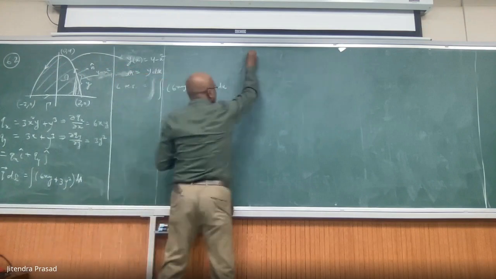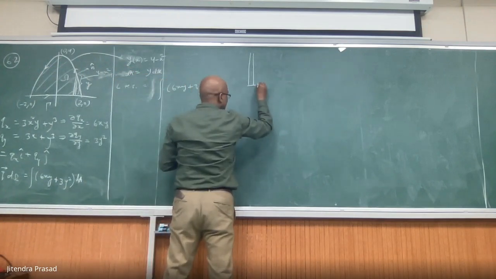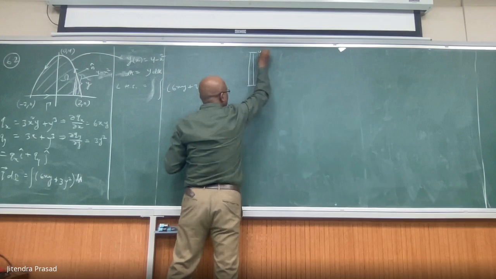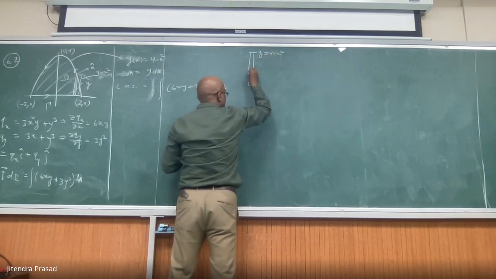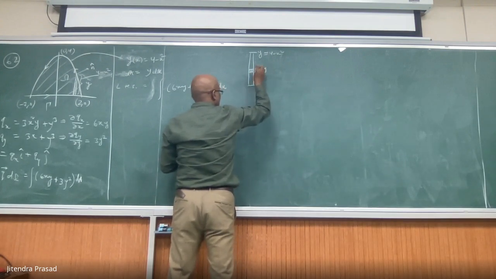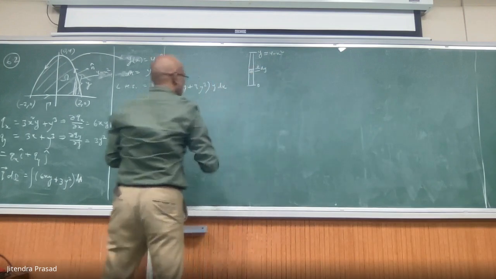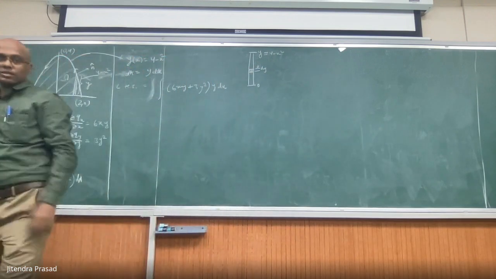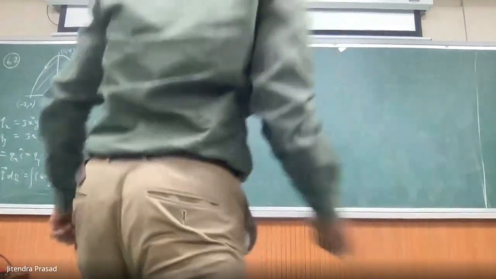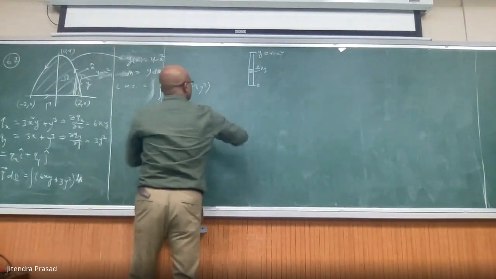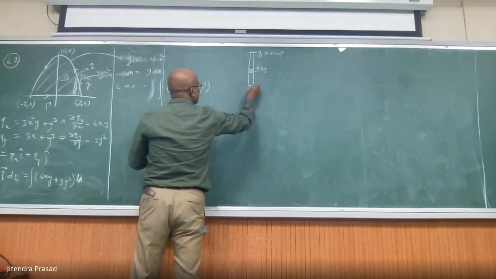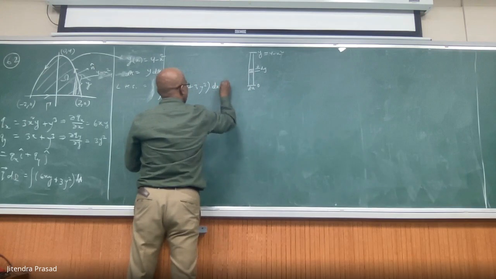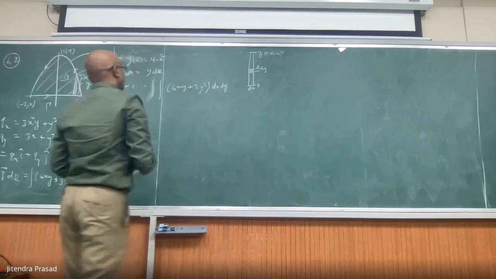So here you have to see y moving from 0 to y, where y is equal to 4 minus x square, and this is dy. This one is dx, this is dy, so we write dx and dy.